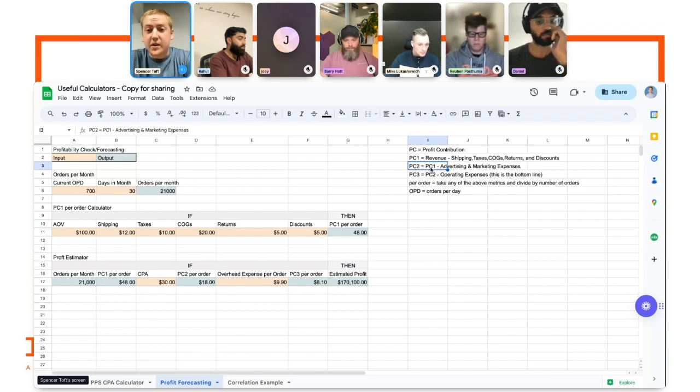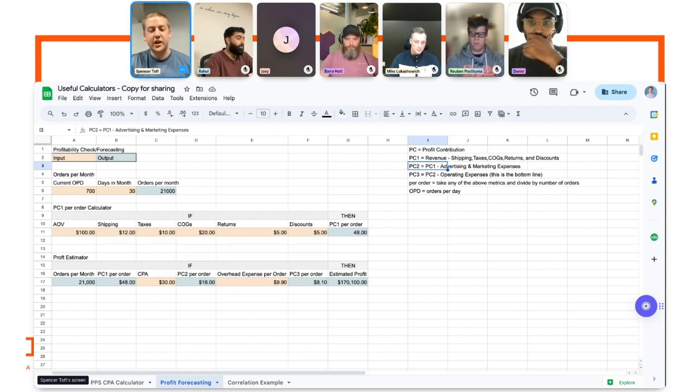And then PC2 is your profit contribution 1, and then subtract advertising and marketing. Some people switch their PC2 and PC3, but I just prefer to do it this way, where we subtract advertising and marketing and then we subtract operating expenses.